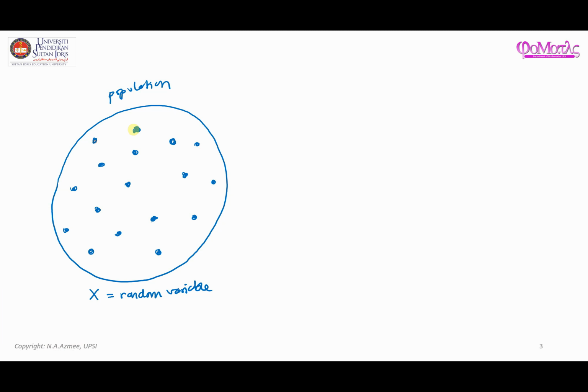Let's say you are able to get all the individuals, all the elements in the population. You are able to get these values, and you calculate the mean from those values. Therefore, the mean here is called mu, and this is a parameter because you obtained this value from the population. But usually in a lot of circumstances, we are unable to study everything or everyone in the population.